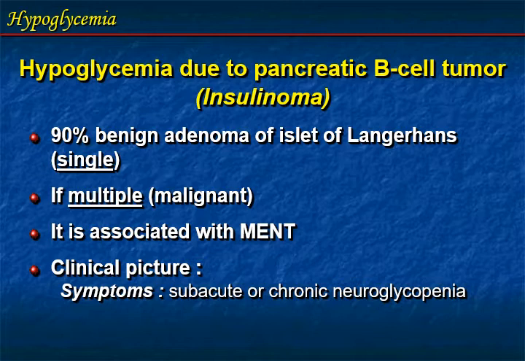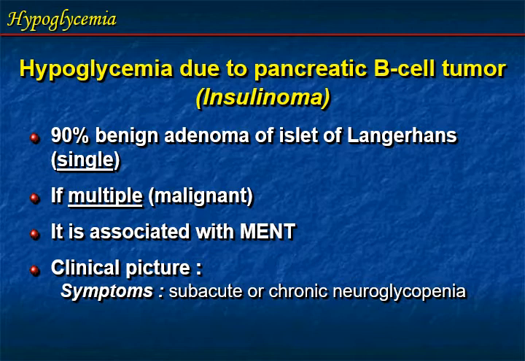But whenever we have the title fasting hypoglycemic tumors, we mean pancreatic and non-insulin secreting tumors. But if we say fasting hypoglycemia due to pancreatic beta cell tumor or insulinoma, we mean the pancreatic one.